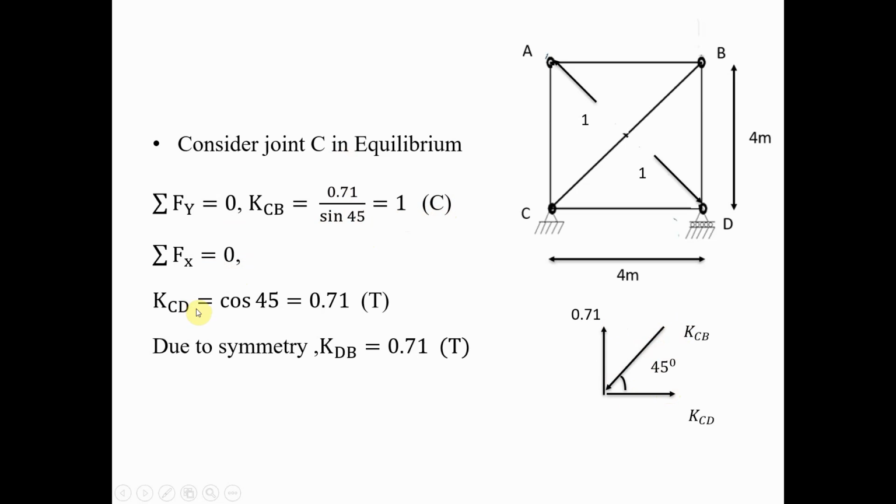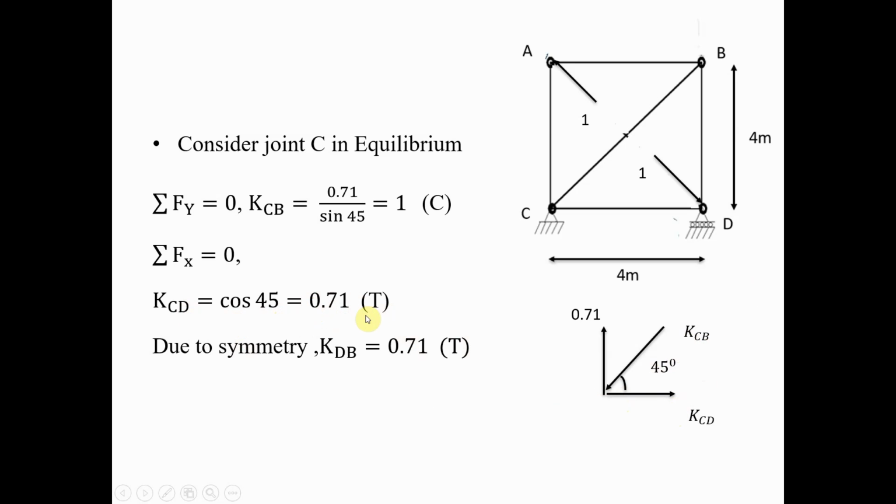For KCD, summation Fx is equal to 0. Then KCD is positive, minus KCB cos 45 is equal to 0. So KCB is 1, so KCD becomes cos 45, which is equal to 0.71. Again we got a positive sign here, so the nature we assumed for KCD is correct.